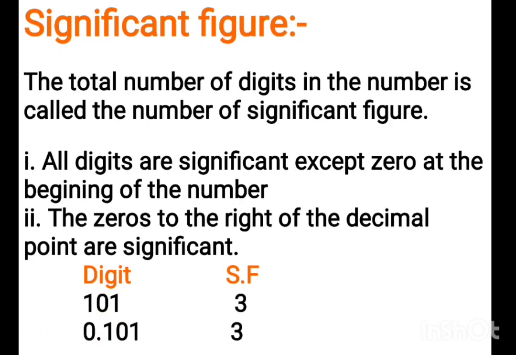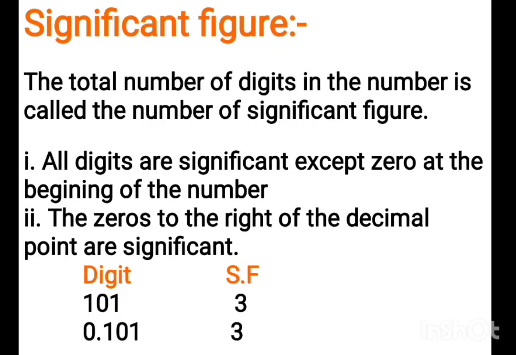You can put 0, you may not put 0. But after the decimal, all the digits will be counted. That is 101 will be counted, and this 101 is significant. That is total significant figures is 3.